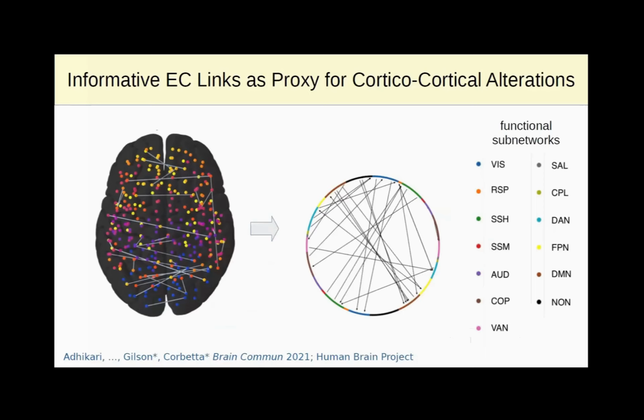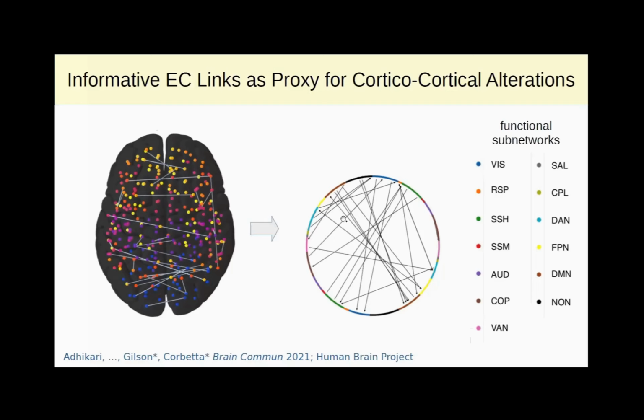So it's a proxy for the reconfiguration of the cortex, of the cortical communication that contributes somehow to the recovery of cognitive deficit. Right? And so, as you can see here, there are a lot of intermediate links.